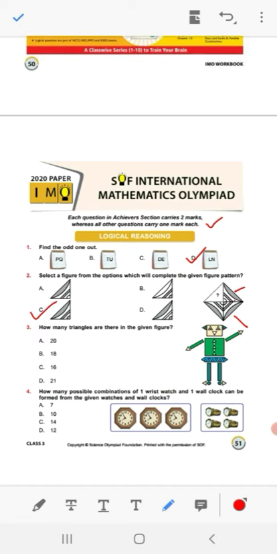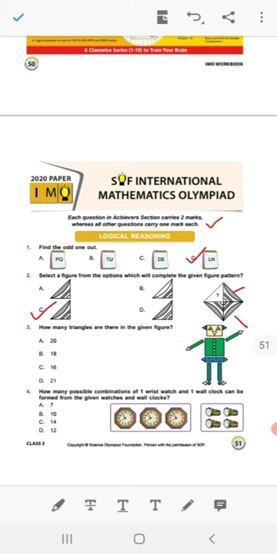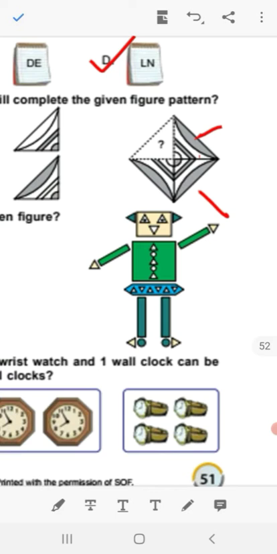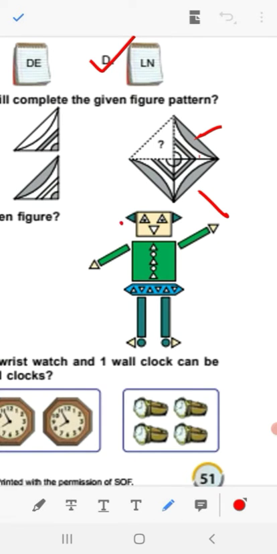Question number 3. How many triangles are there in the given figure? This is the figure. You have to count how many triangles. So see, 1, 2 triangles, 3, 4, 5, then 6, 7, 8, 9, 10, 11, 12, 13, 14, 15, 16, okay, 17, 18.